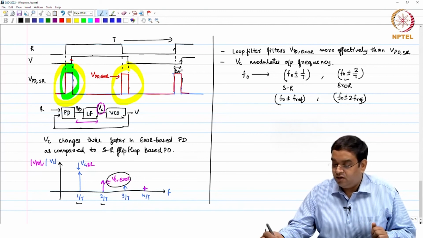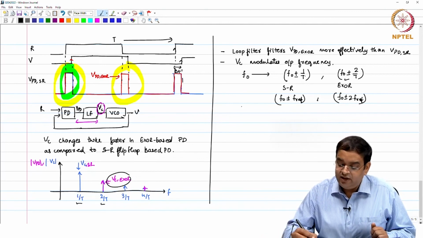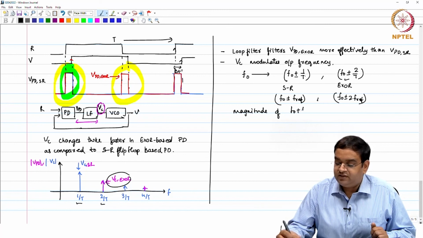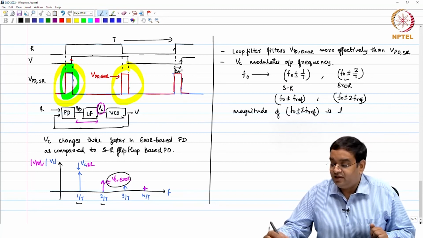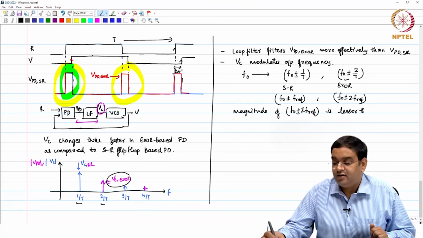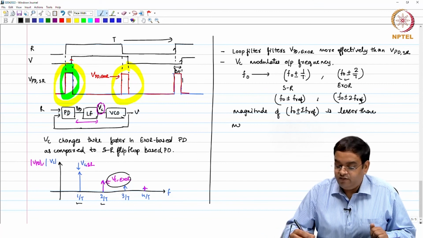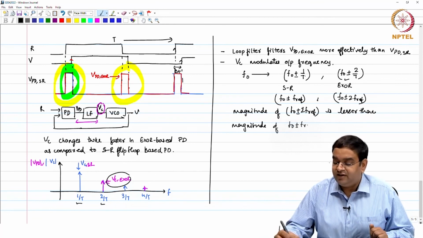also decides the magnitude of f out plus minus 2 f_ref, which we normally call the spur, is lesser than the magnitude of the f out plus minus f_ref component at the VCO's output.